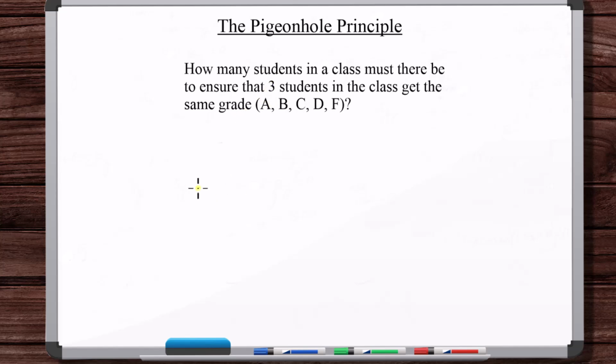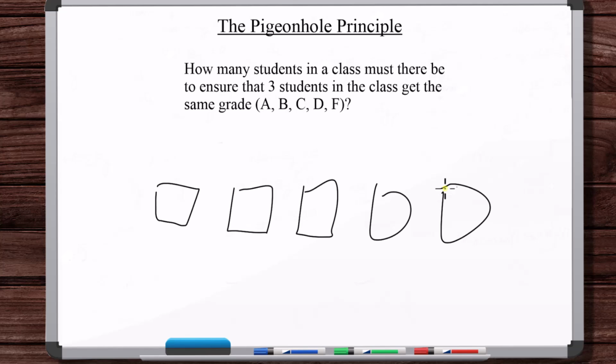It looks like the pigeonholes are the grades. So let's verify this. A, B, C, D, F. And you've got the students, right? So you could take all the students and they could all get A's. So kind of talk through this. Make sure the logic is right, that you've got the pigeonholes and the pigeons identified correctly. Or they could be distributed, right?